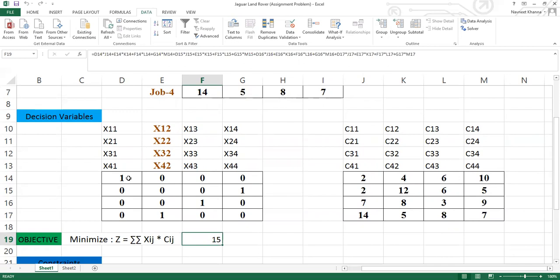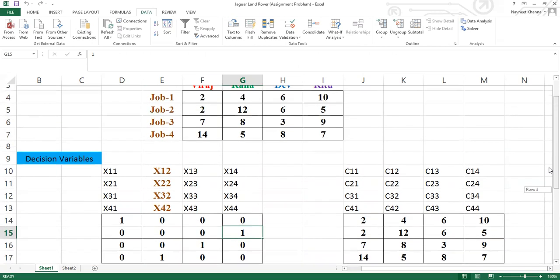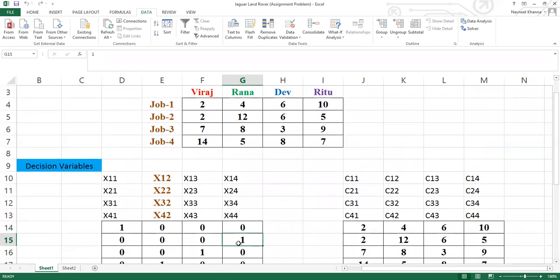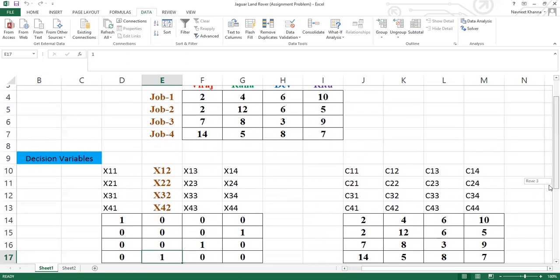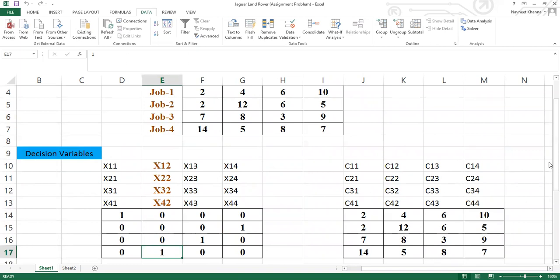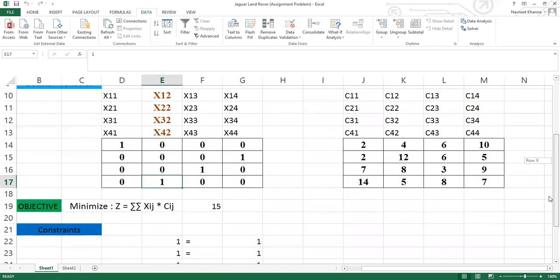Here you can see that job 1 went to Viraj, job 2 went to Ritu, job 3 went to Dev, and job 4 went to Rana. So here you can see that we have got the same answer by using the solver method, right?